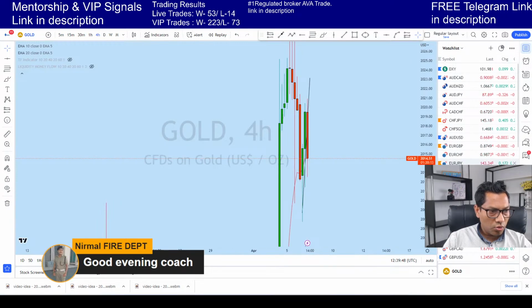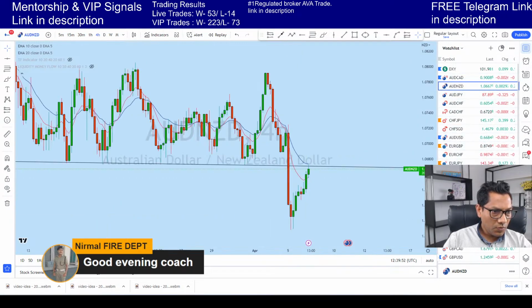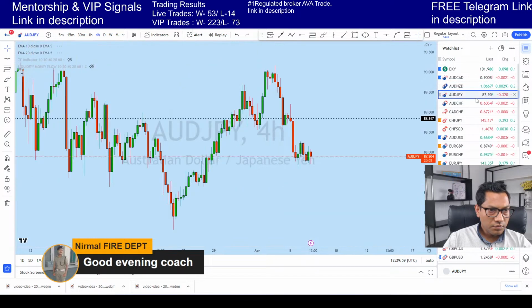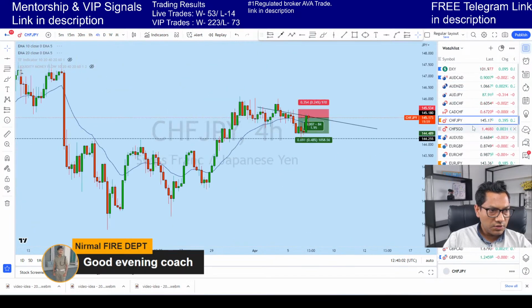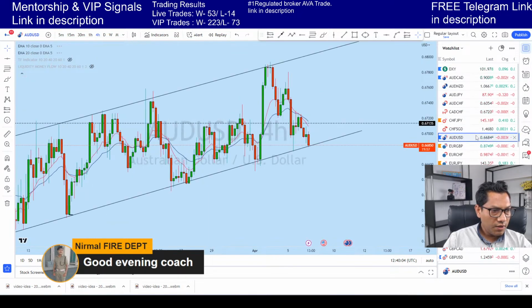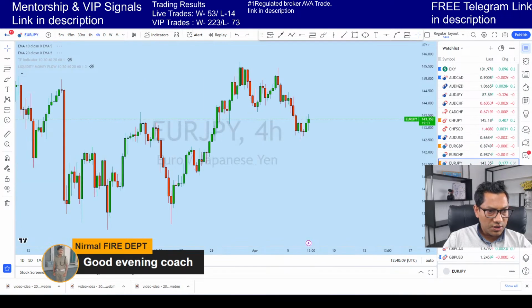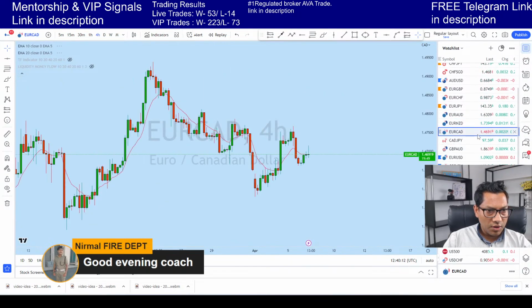There is a candle close in 20 minutes in all the instruments, so let me look at all of them to see how they are doing. Aussie yen, CHF JPY, Euro GBP, Euro CHF. Just quickly looking at all of them.